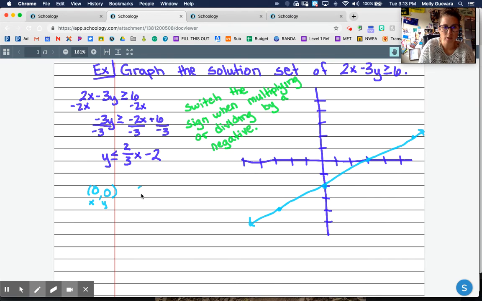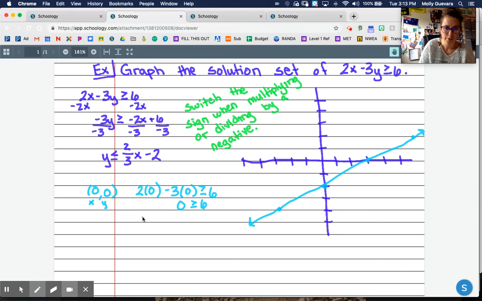Okay, so 2 times 0 minus 3 times 0 is greater than or equal to 6. So I get 0 minus 0, which is 0. So 0 is greater than or equal to 6. And then the question is, is that true? Is 0 greater than or equal to 6?